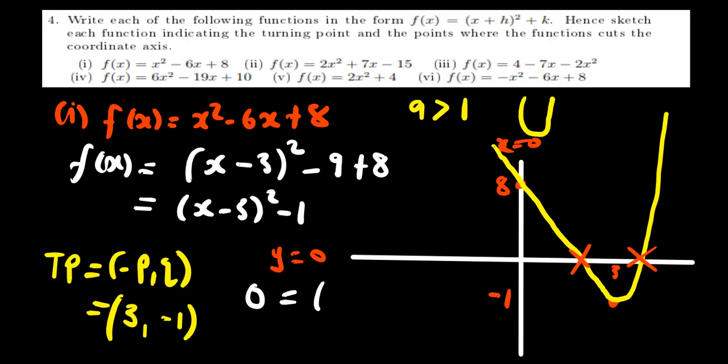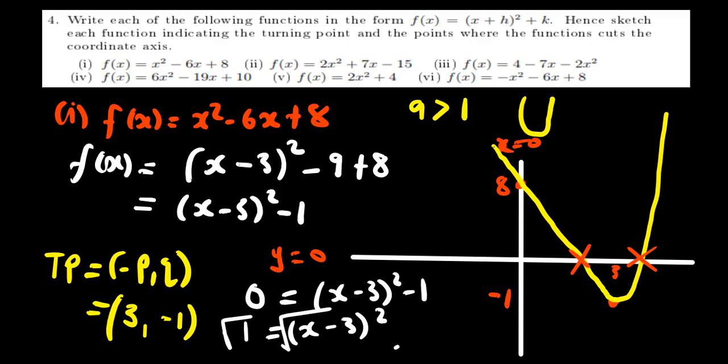So we're going to say x minus 3 squared minus 1. I'm going to take the negative 1 to the other side, so 1 is equal to x minus 3 squared. Then I'm going to take the square root on both sides so that I cancel the square.